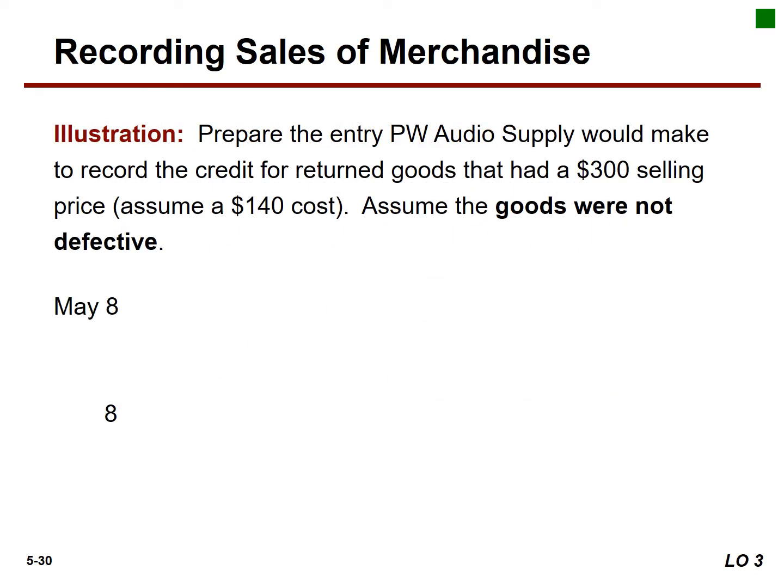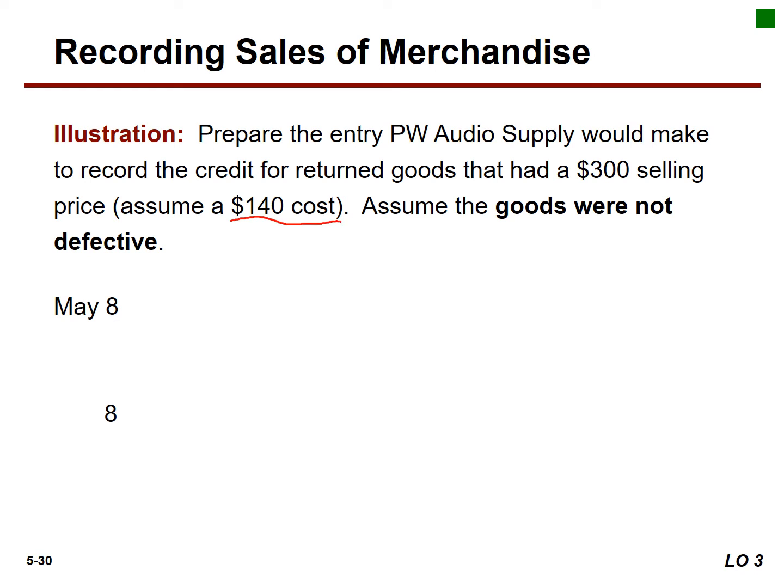So here's how PW Audio Supply would show the return of the merchandise that Salk Stereo sent back to them. And remember the amount of the return was $300. We have to know what the cost of that inventory was to PW Audio Supply. And here it shows that what that cost PW was $140.